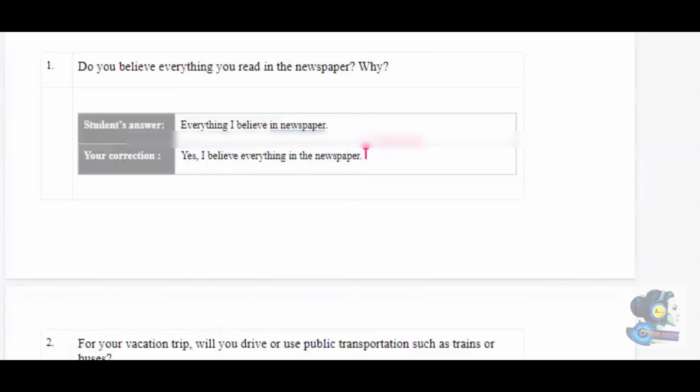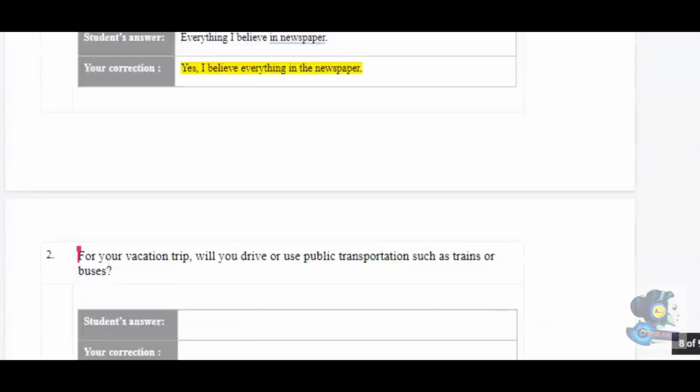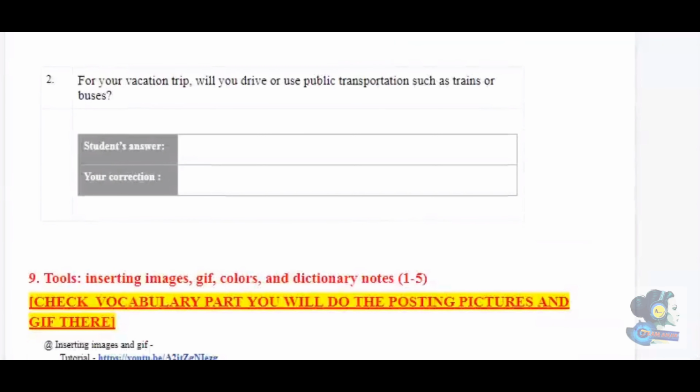Okay? Can you please read? Okay, can you read that one more time? Okay. Now, your answer is yes. And yeah, because newspaper is one of the reliable sources of news for us these days, right? Next, number two, for your vacation trip, will you drive or use public transportation such as trains or buses?